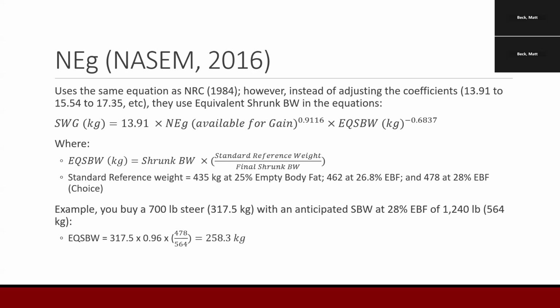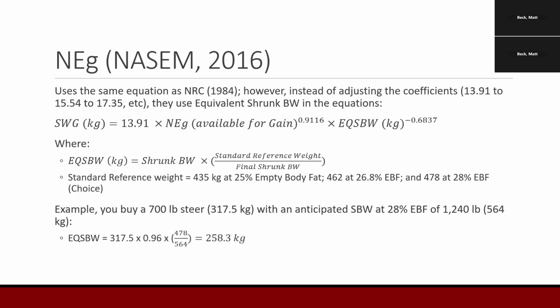Hopefully you guys gathered that it's important to adjust for frame size and physiological stage in our energy equations. NASEM now adjusts in a totally different way than what they did in the past. Instead of changing this coefficient, this 13.91, they use what's called equivalent shrunk body weight.